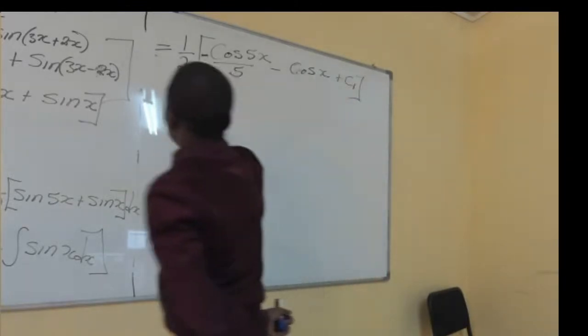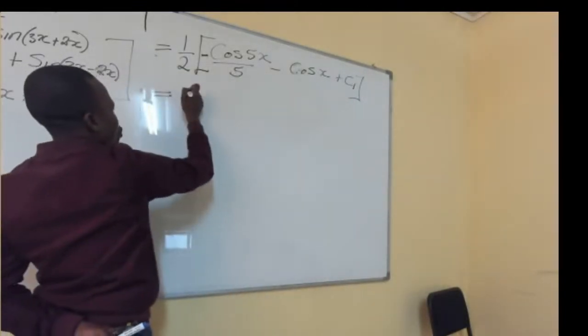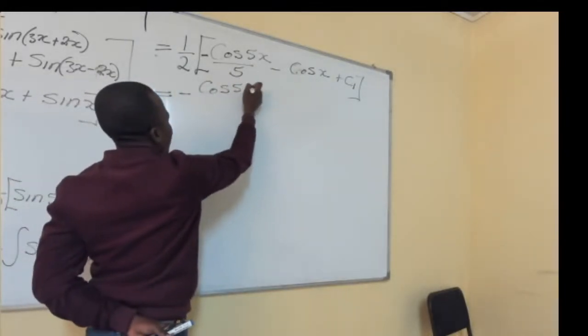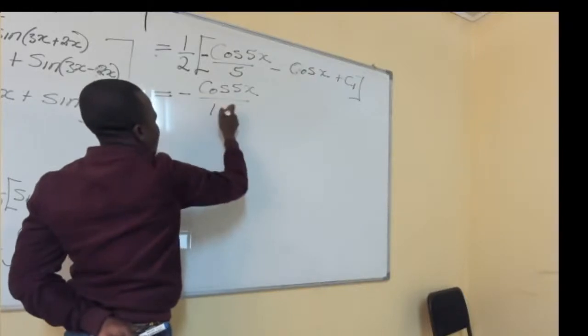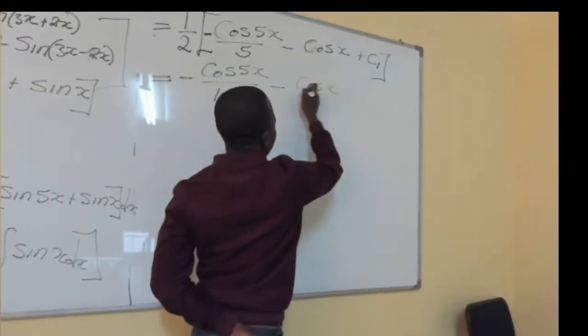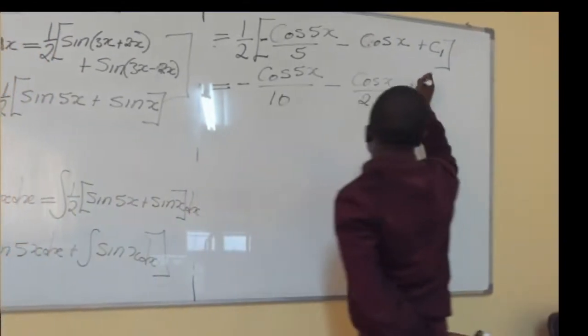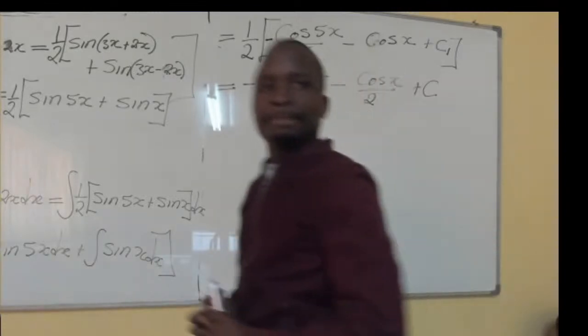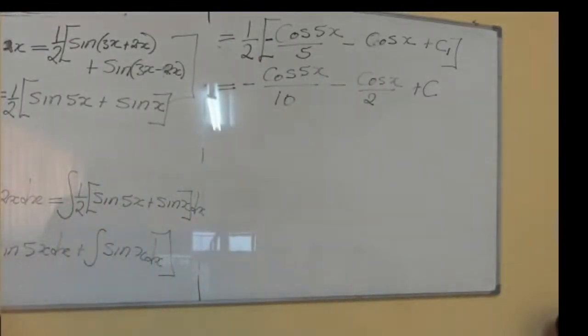When we multiply through by half, what you're going to get is the negative of cosine 5x over 10, minus the cosine of x over 2, plus c. Okay, that's the end of that question.